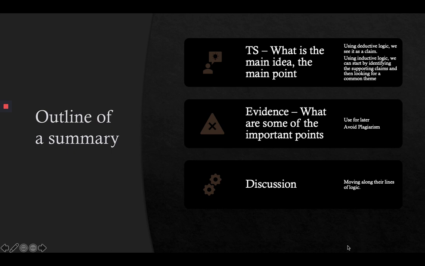As we've walked through this before, there are two ways that we've talked about doing this. There's the deductive logic, where we look and we see the main claim. So anything where the author is saying in their first sentence or in their first paragraph, this is what I'm going for. Great, we know what they're going for. That isn't always the case, as we found out.